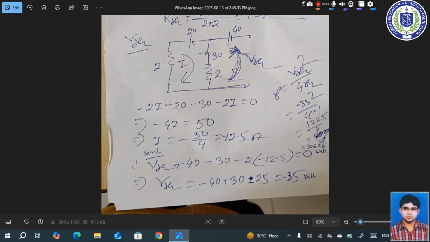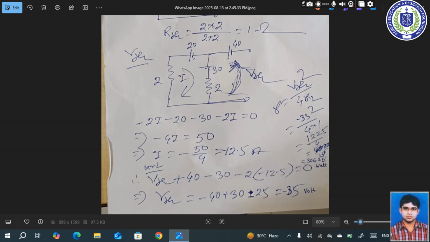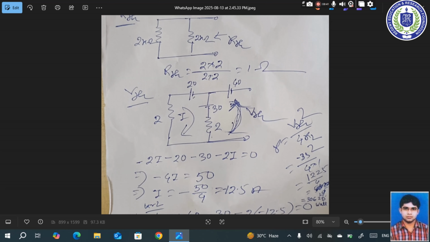Because P max is the maximum power, the formula of the maximum power is VTH square divided by 4RL. Here we have already calculated VTH, that is minus 35 volt. So we can put this value in the formula, P equals VTH square divided by 4RL, equal to minus 35 square divided by 4RL.